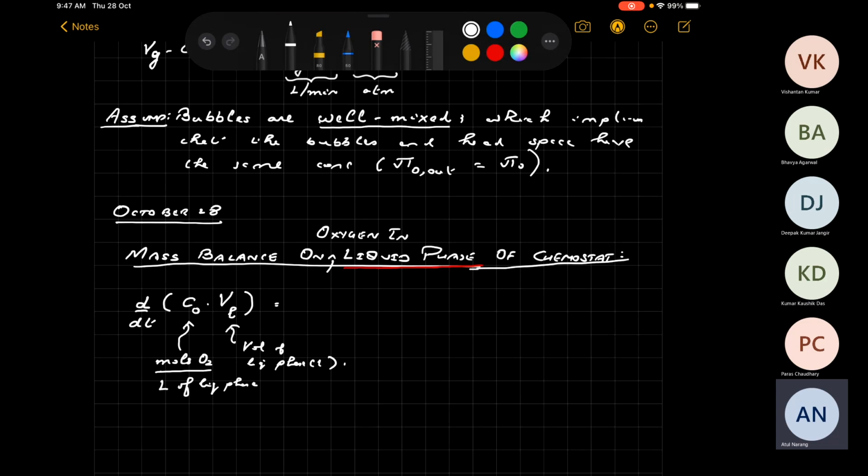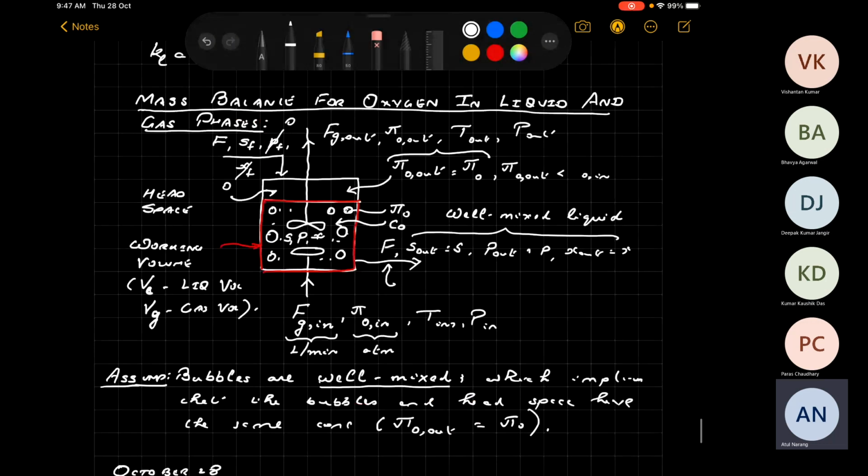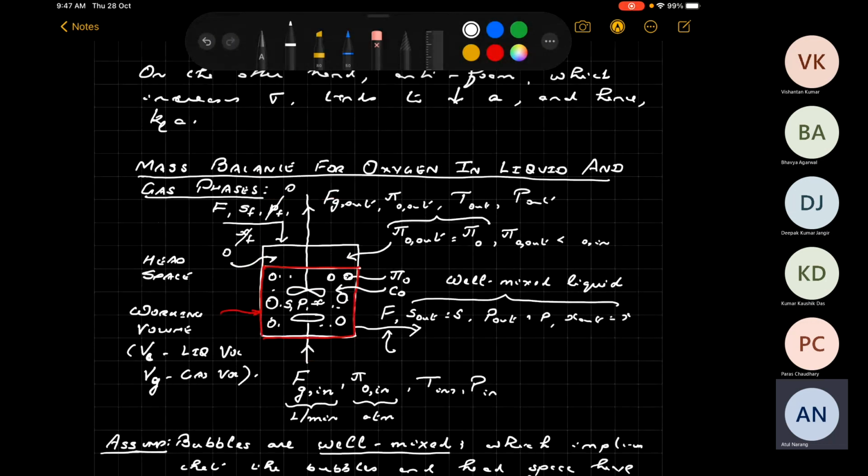We can see right away one way in which oxygen is coming into this red rectangle: the liquid stream coming in at flow rate F. The feed is probably also carrying some oxygen with it because the feed tank has been sitting in contact with the air, and I will denote that oxygen concentration by COF.